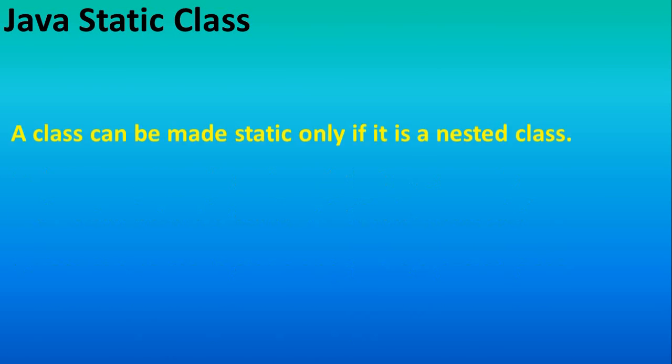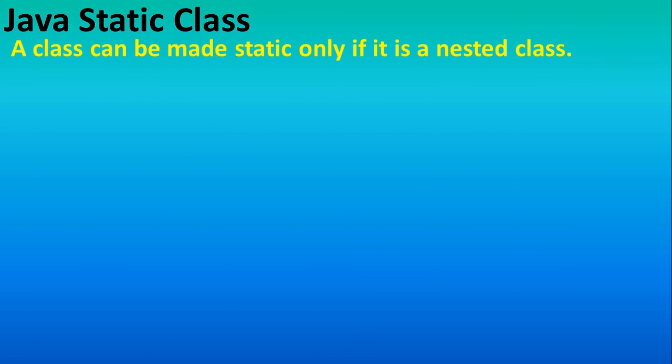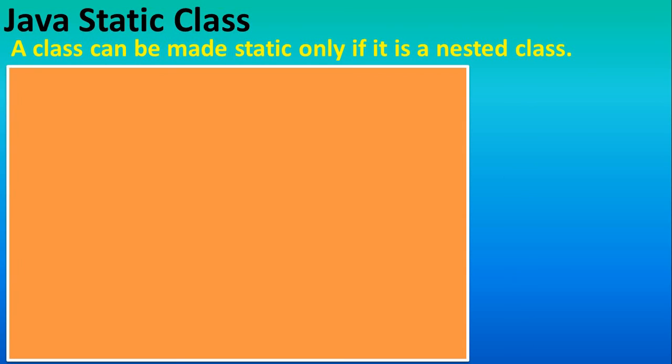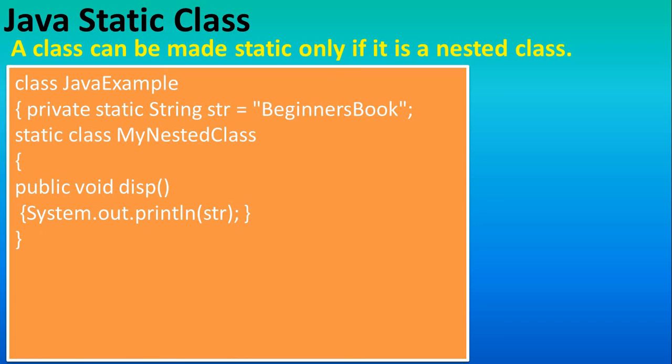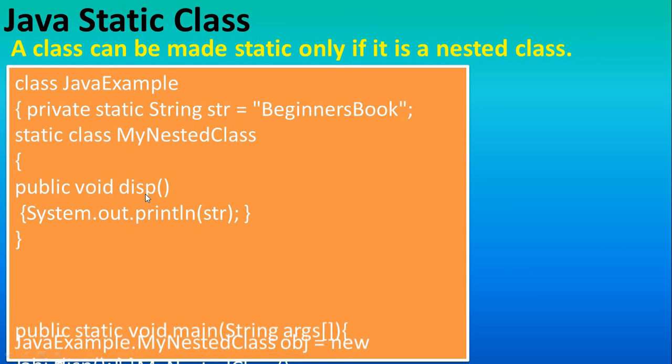Next one is the Java static class. A class can be made static only if it is a nested class, like that. Within that one class we use the second static class. So in this class we have a static variable whose value is beginner book, and in this nested class you can use the method, that is the disp method.